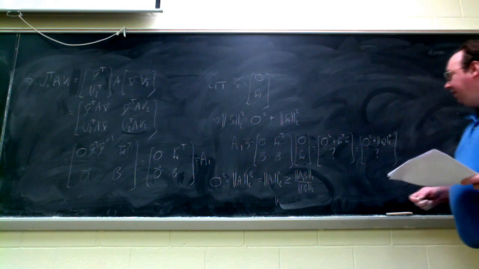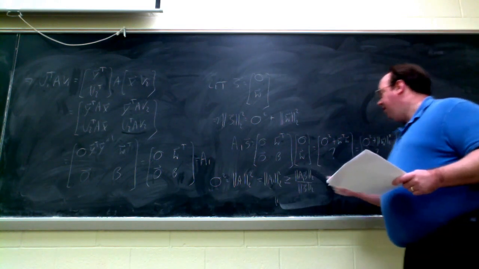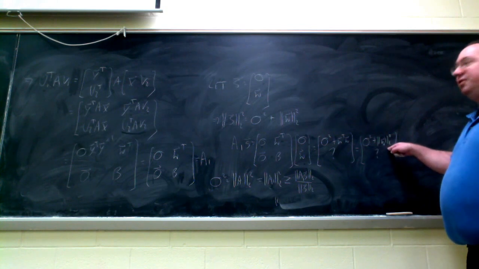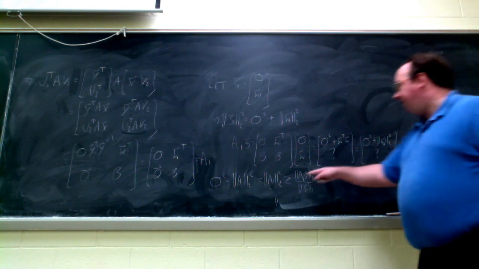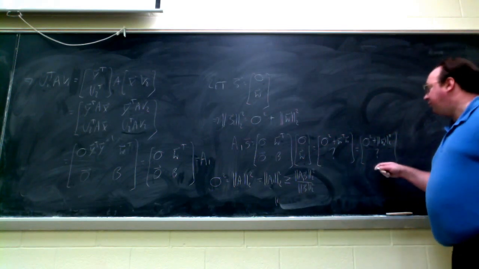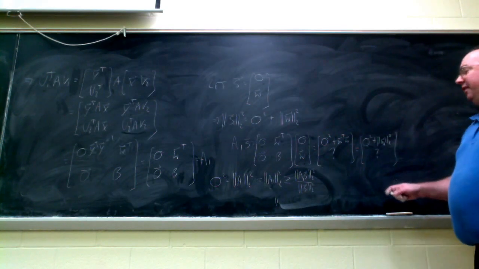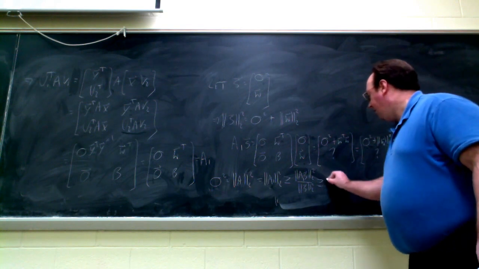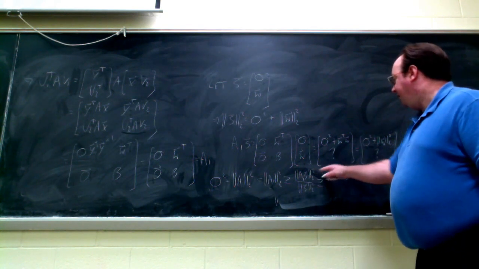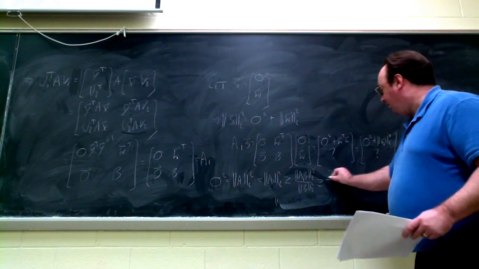Now, this vector has this first component. So the 2 norm of this vector, actually all that squared, is equal to the sum of squares of all the components. So it's certainly greater than or equal to the first component squared.